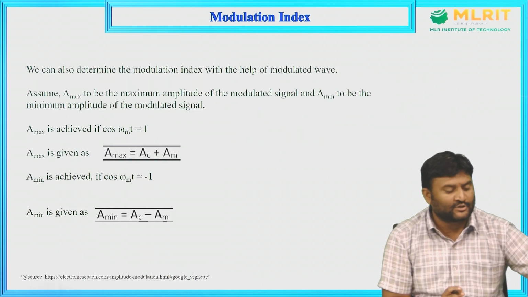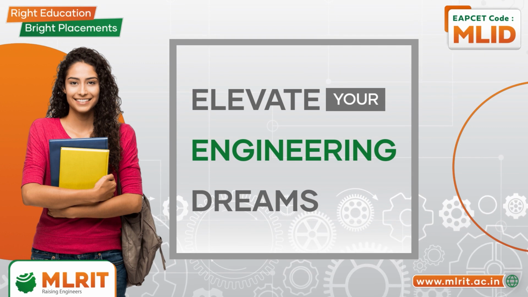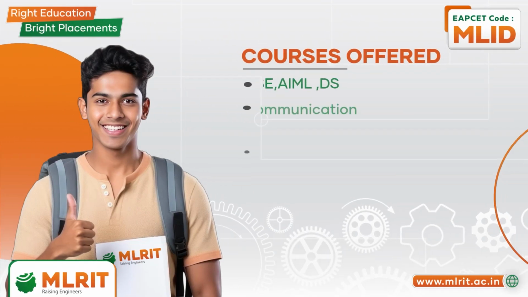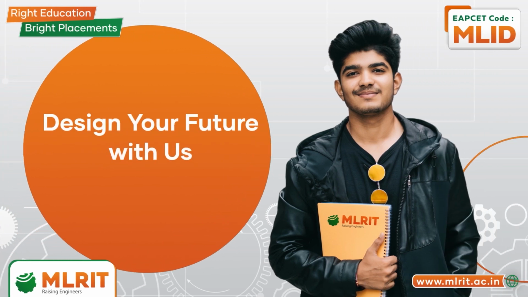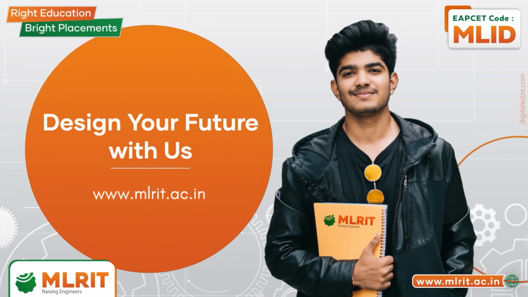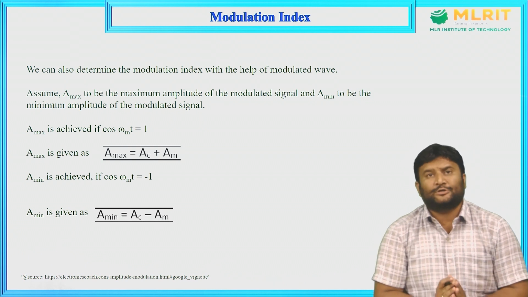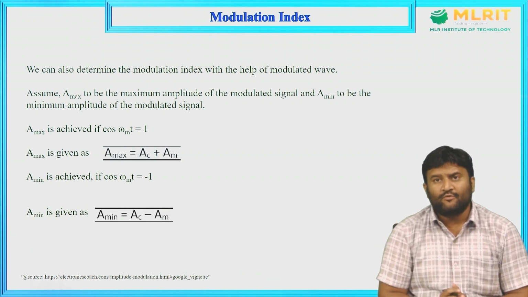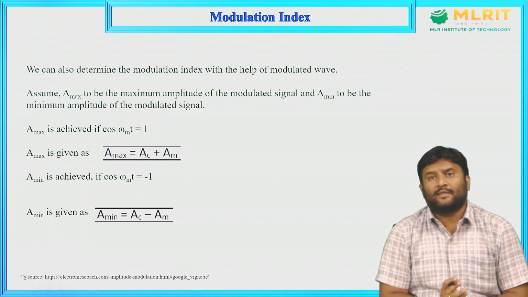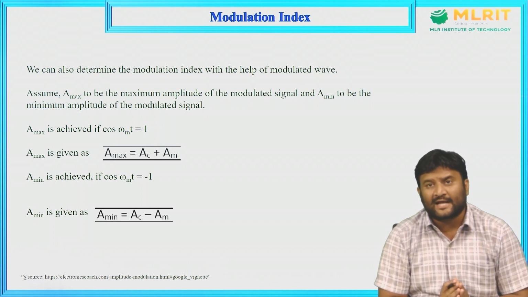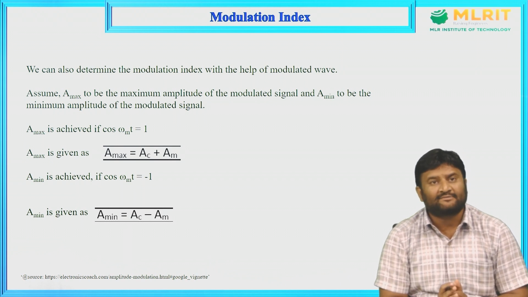Then go for the next one. You can find the modulation index for an amplitude modulated wave. You know very well the definition of amplitude modulation: the amplitude of the high frequency carrier signal is varied according to the instantaneous values of the message signal.